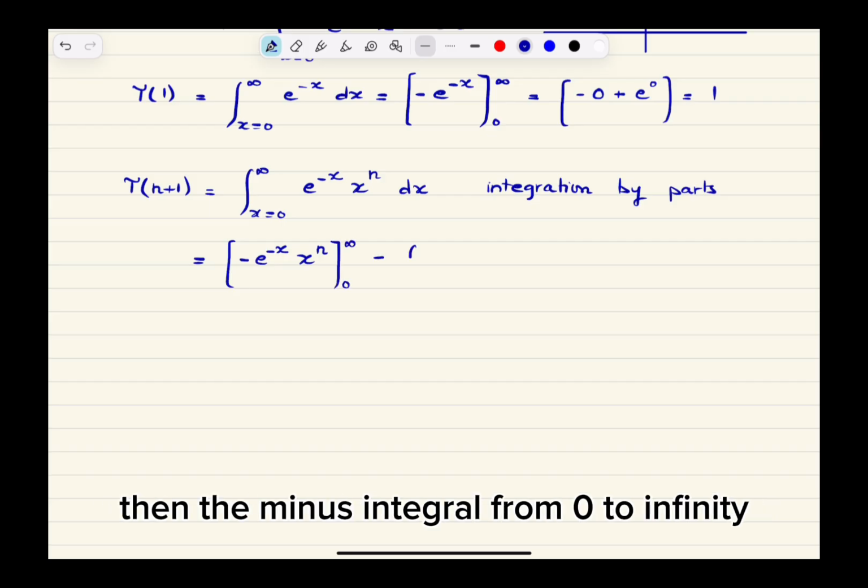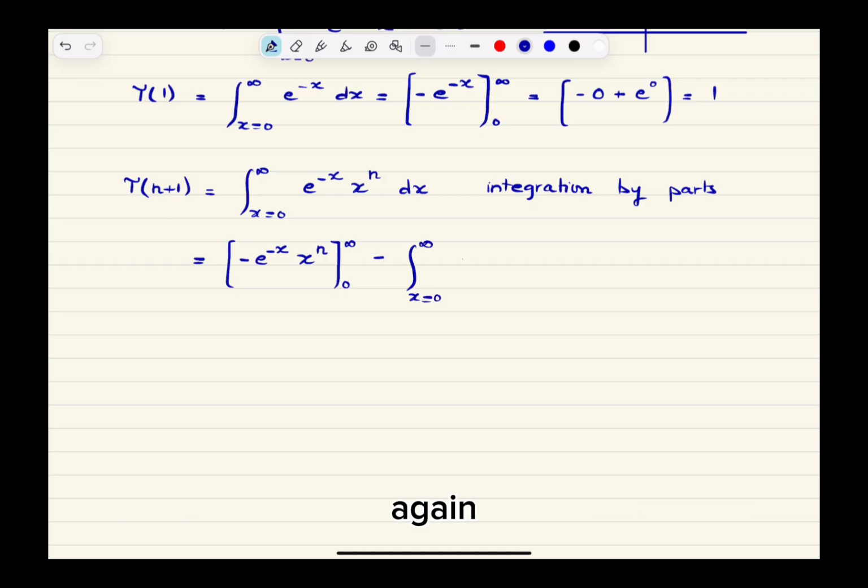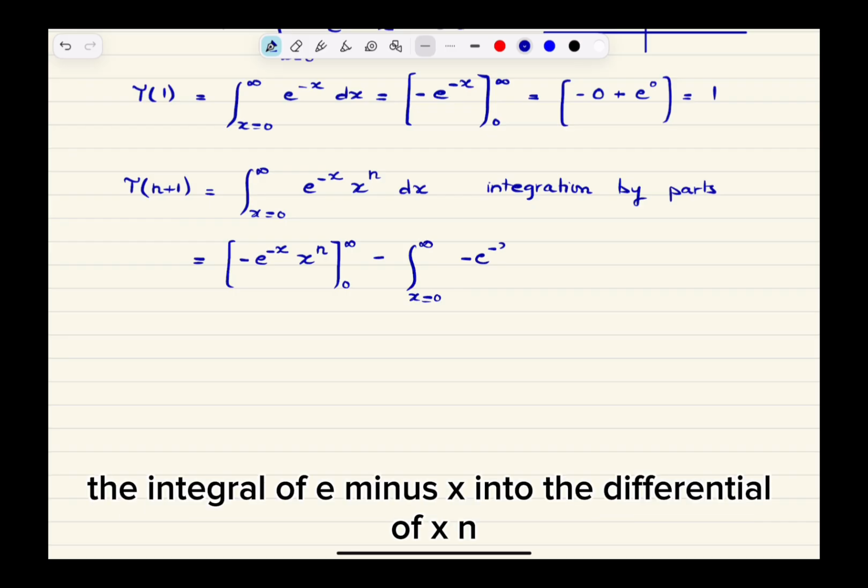Then a minus integral from 0 to infinity, again the integral of e^(-x) times the differential of x^n.